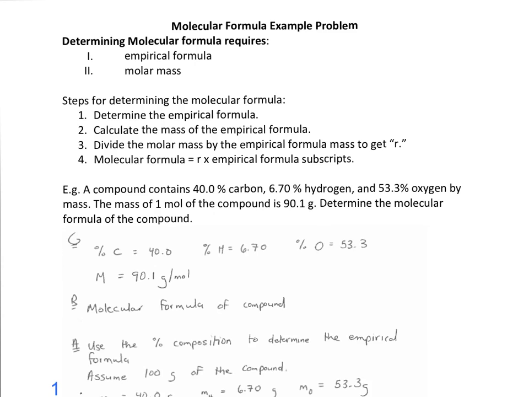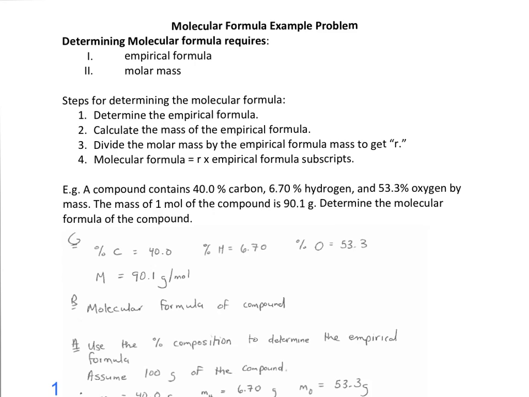We learned in the previous tutorial the steps required to determine the empirical formula. And once you have that empirical formula, you can find its mass. The reason we want to do that is because we want to see how many empirical formula units are within that molecular formula. So if we know the molar mass of the molecular formula, or the molar mass of the compound itself, we can divide it by the empirical formula mass to get this R value.